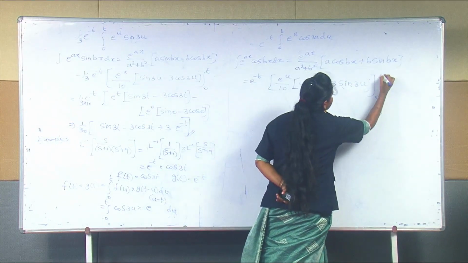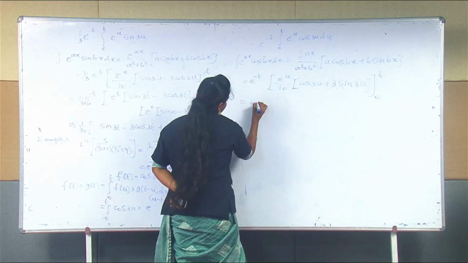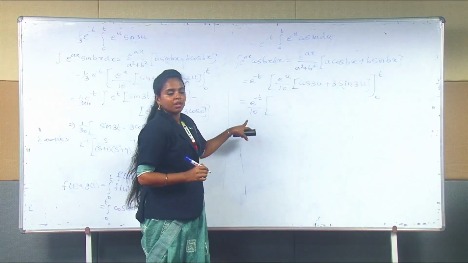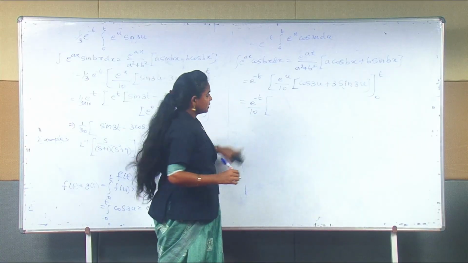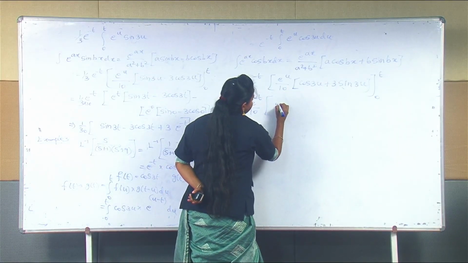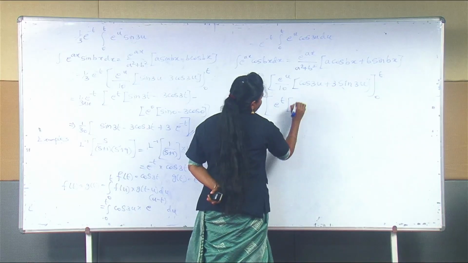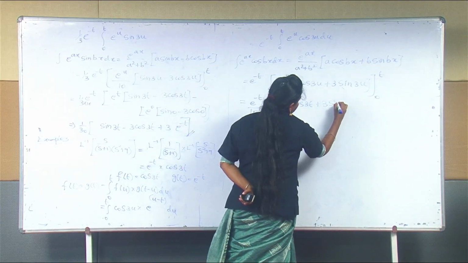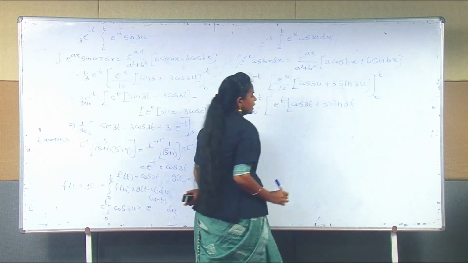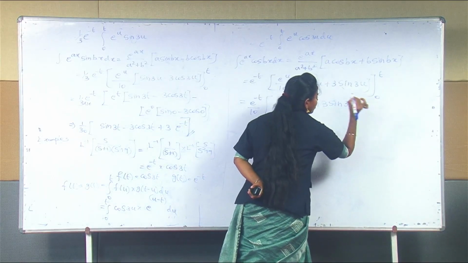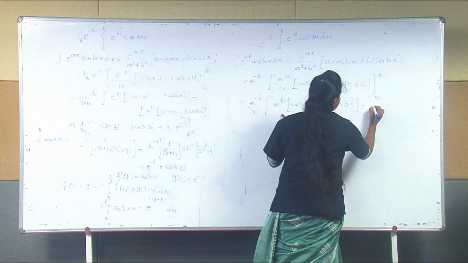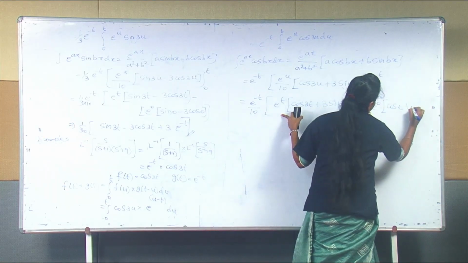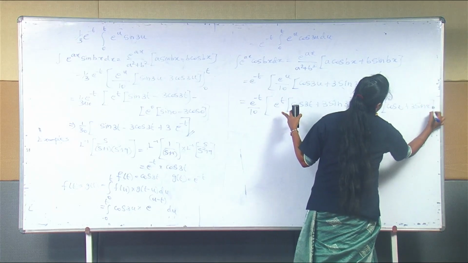Directly substitute your limits. When substituting the limits, I am taking 10 also outside. Here e power t cos 3t plus 3 sin 3t, and now the lower limit e power 0 cos 0 plus 3 sin 0.